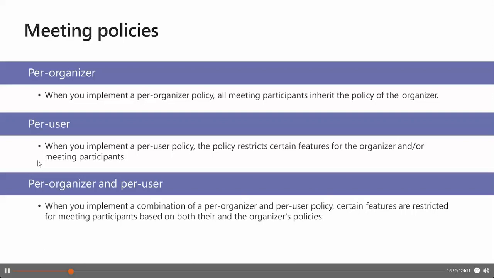Or you can combine the two methods, so that when you implement a specific combination, certain features are restricted for the meeting participants and the organizer. So both are affected, and this gives you a great capability set to say what's happening inside of a specific meeting in your environment.